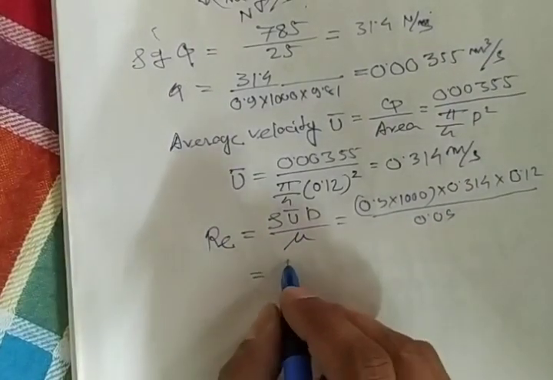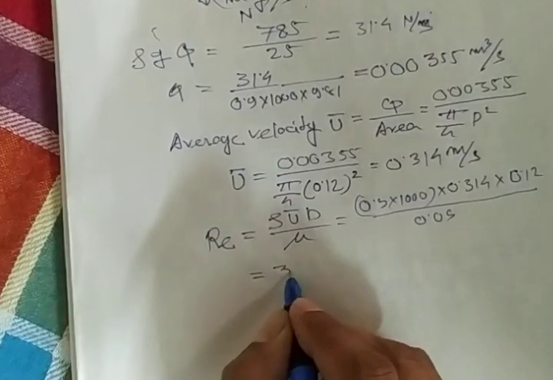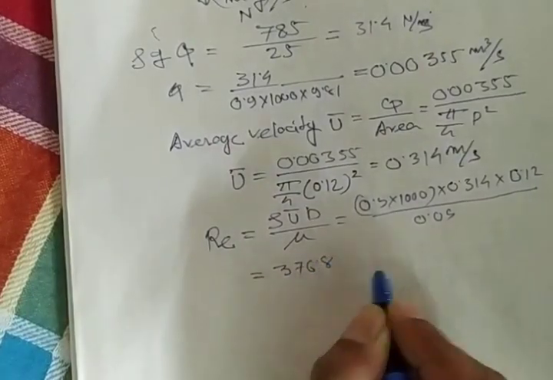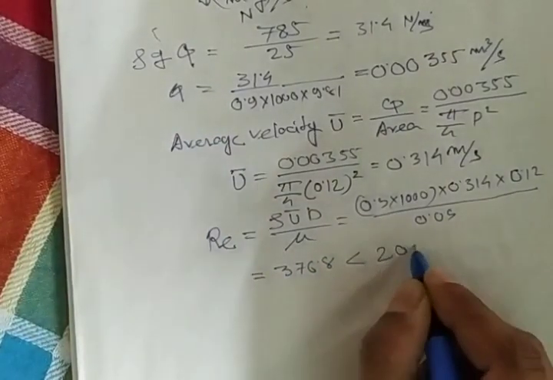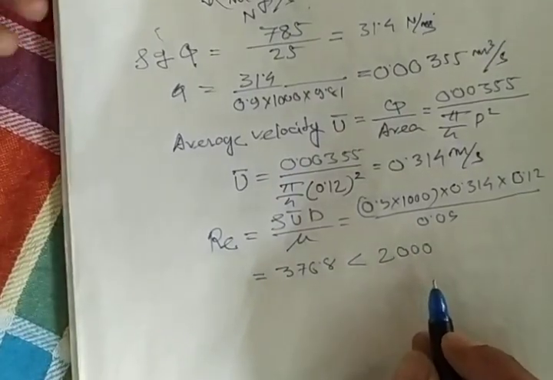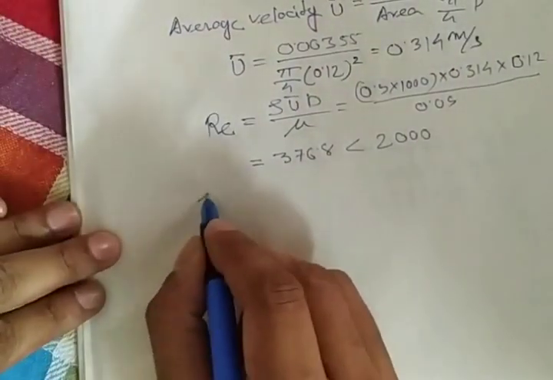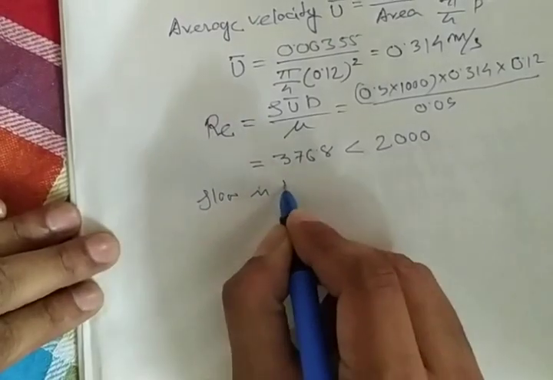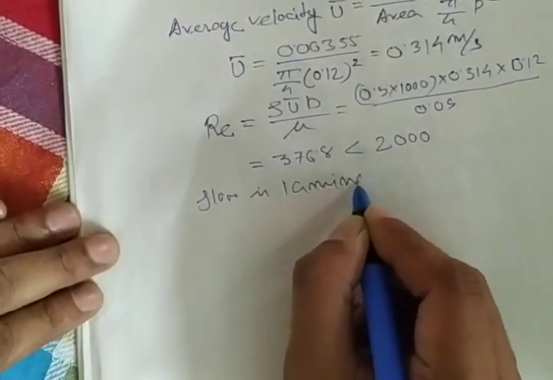And if you solve the problem, you will get 376.8, which is less than 2000. So the flow is laminar.